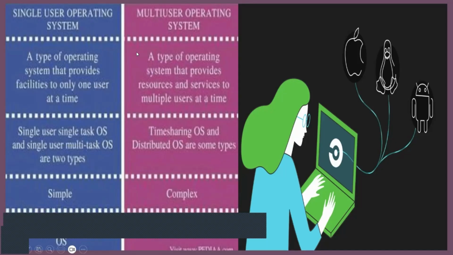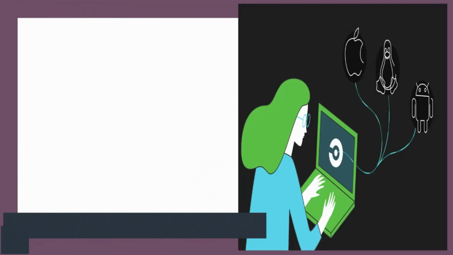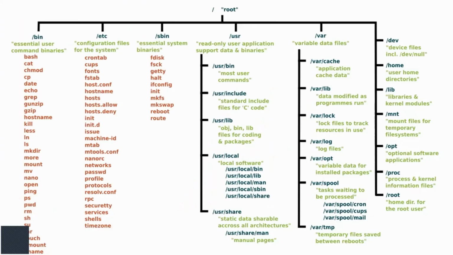So understanding these differences helps us to understand in what kind of environment and as per our computing need, which operating system we have to go for, right? So talking more about Linux, now on the very top we have a root folder.